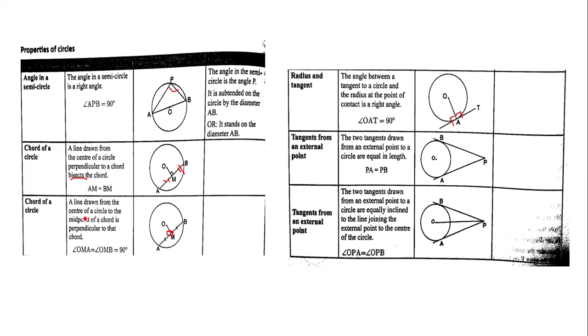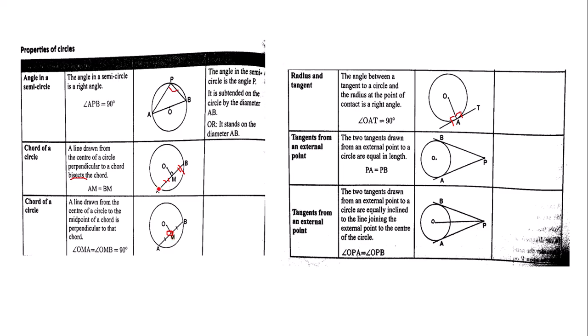So a line drawn from the center of a circle to the midpoint of a chord is perpendicular to that chord. At this part, they told us that the line from the center is perpendicular. It forms the angle. And so if we see the 90-degree angle, then we will know that it divides the chord AB into two equal parts. So AM is equal to MB.